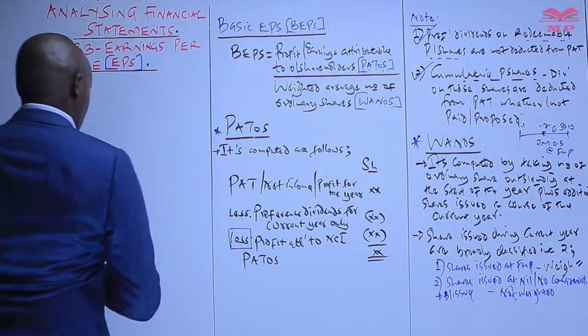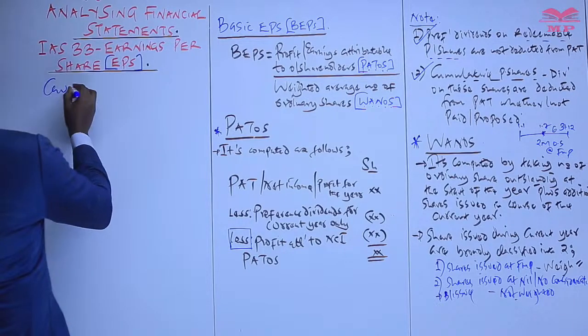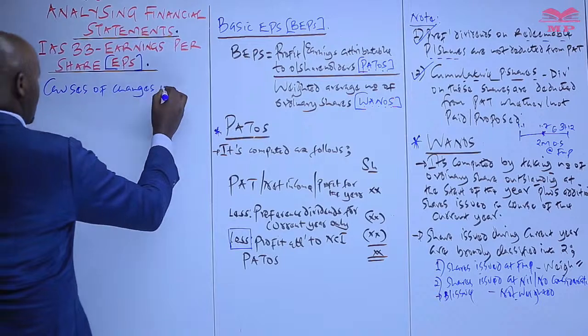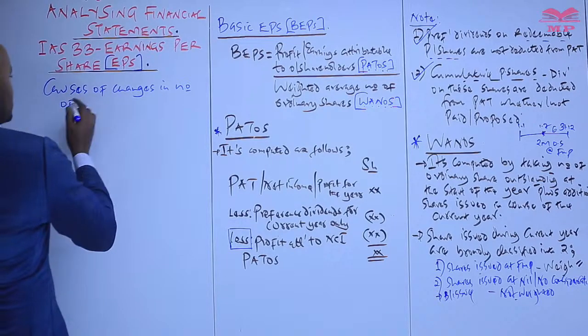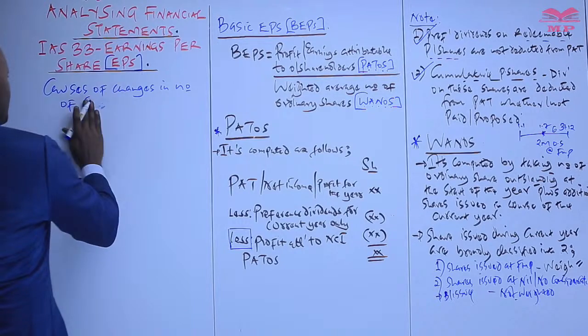So let's look at the causes of changes in number of shares, and that is specifically number of ordinary shares.